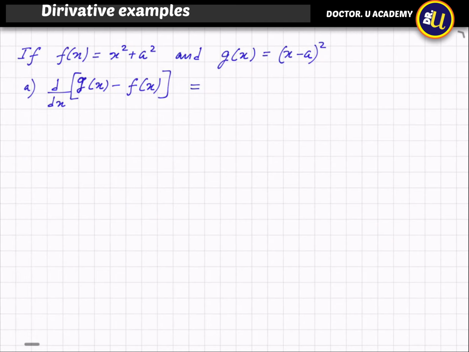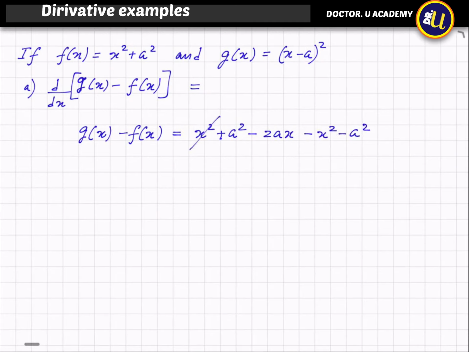So in this question, first of all, we will find what is g(x) minus f(x). So g(x) minus f(x) would be, so I will simplify this one, x squared plus a squared minus 2ax, right, minus 2ax, then f(x), so minus x squared minus a squared.